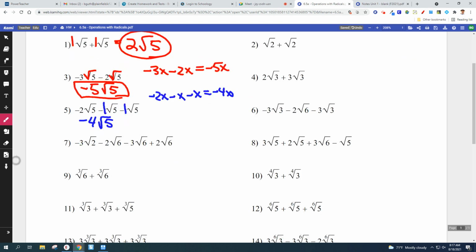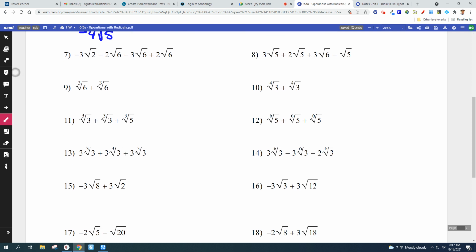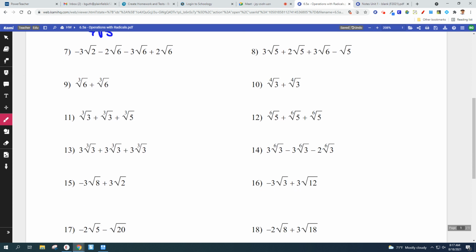Now number 7 is the first one where we've got a 2 and a 6. We've got things that are not like terms. It's like an x and a y. You can't put the radical 2 with the radical 6 because they're different. But you still need to put the like terms together and put all these radical 6's together.